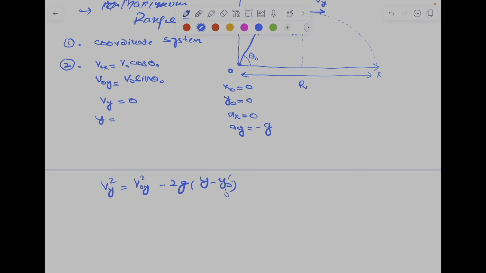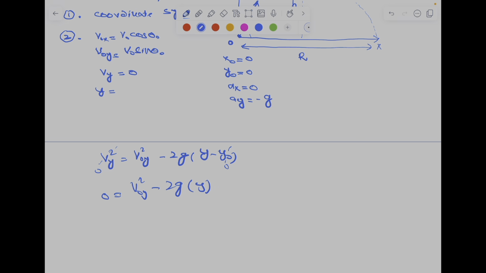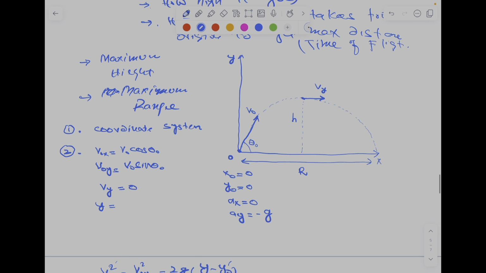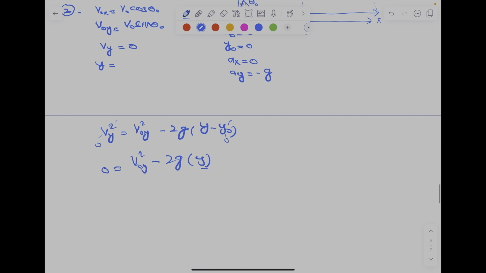Your y naught is 0, your vy is 0 as well, so you're left with 0 equals v naught y squared minus 2g y, and this y is your height, how high it goes along y. So this becomes v naught y squared equals 2gh, because the y component of velocity is 0 at the maximum height. So h becomes v naught y squared over 2g.